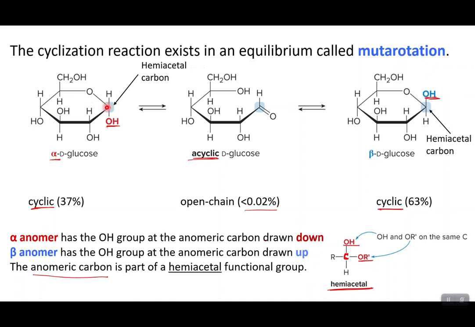The R group here happens to be a cyclic structure, but it's the same idea. So this carbon here, because it has an OH and an OR group attached to it, is called a hemiacetal. This is not to be confused with an ester or an ether, for example. Okay, so those are some definitions and some new functional groups that we will be encountering.